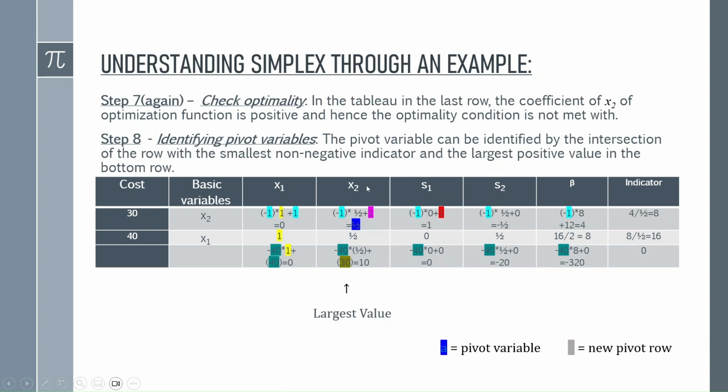finding the pivot column first. In the last row, the largest value is 10, and the column corresponding to this 10 will be the pivot column. The beta column elements divided by the corresponding elements in the pivot column produce the indicator. The pivot row is formed by taking the row that corresponds to the minimum value of the indicator.